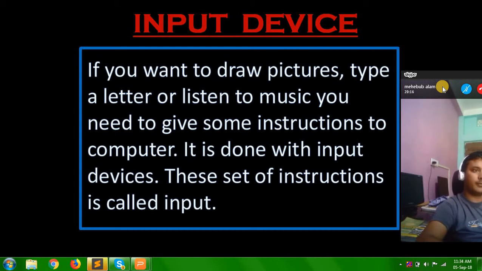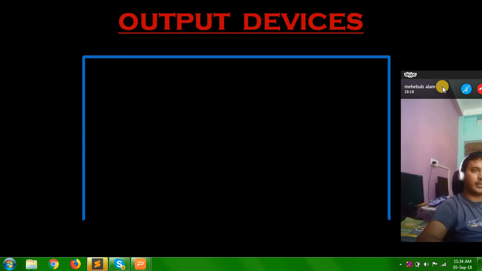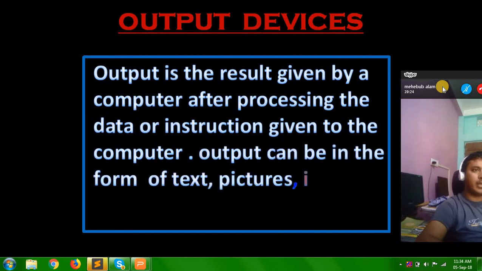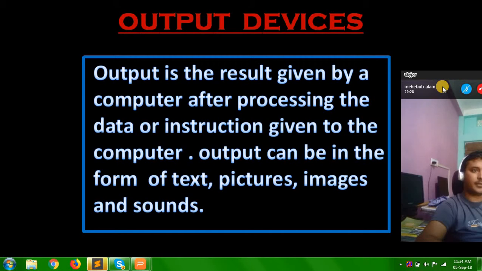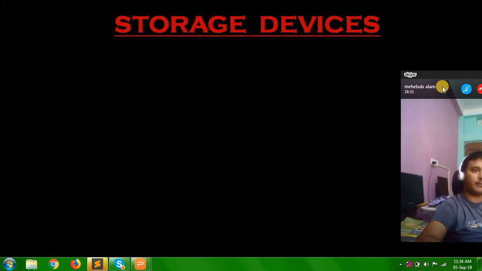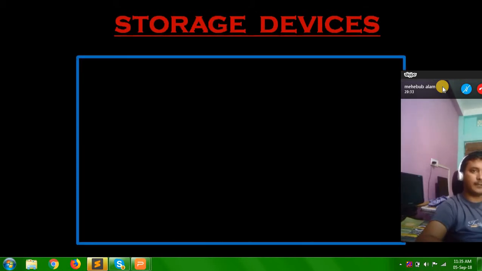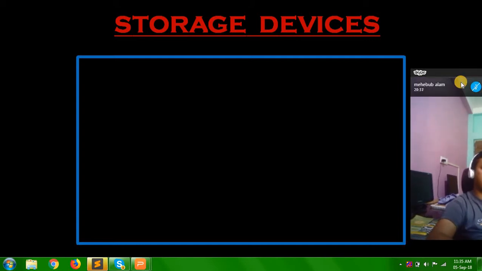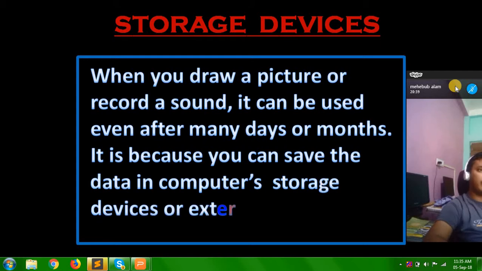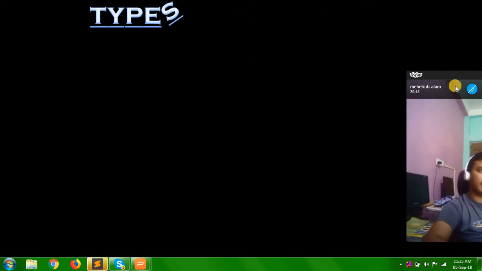You need an input device. This is the input of instructions. Output is a result given by the computer after processing the data and instructions given to the computer. Output can be text and images. Storage: when you draw a picture or record sound, it can be used even after many days, months, and years.